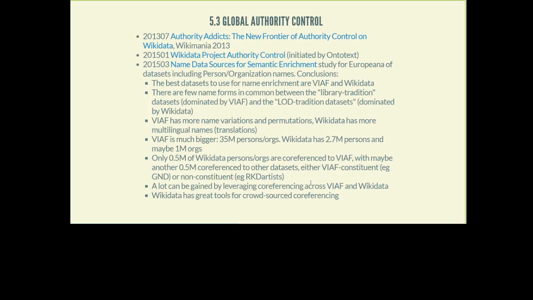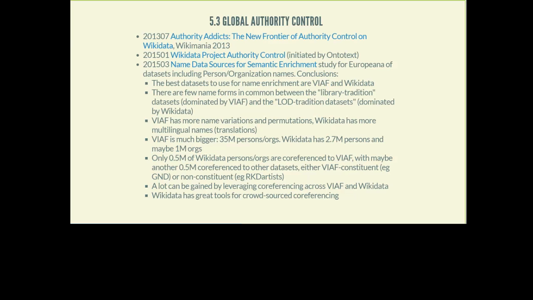Now, on the topic of global authority control, there is a kind of movement in the last year towards global authority control, which really is a dream come true for a librarian or an authority metadata specialist.